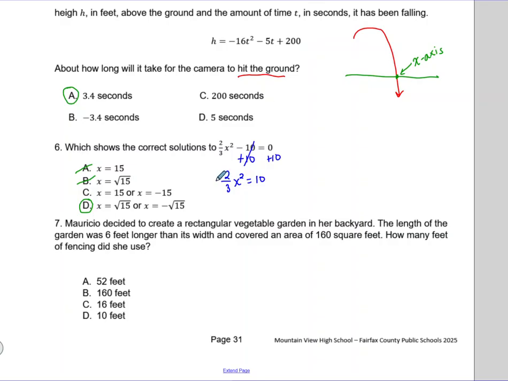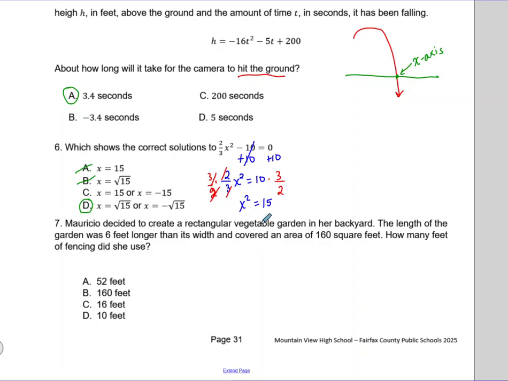Next I will take off the 2/3 by multiplying by the reciprocal, which is 3/2. So that crosses everything out, and then you have x squared equals, that's 10 divided by 2 is 5, and then 5 times 3 is 15. Okay, you can put that in decimals if you want, but it's 15.